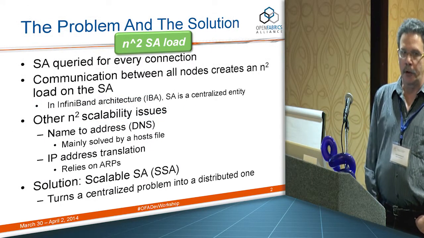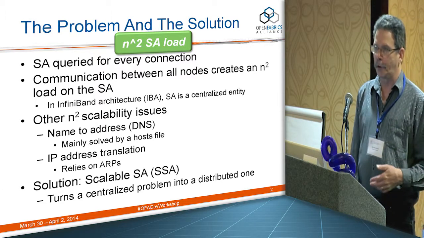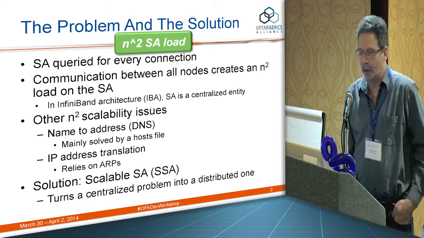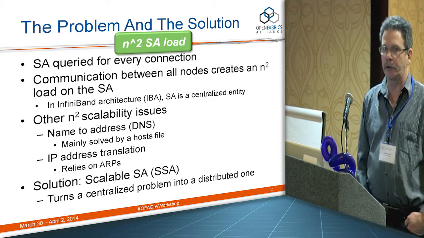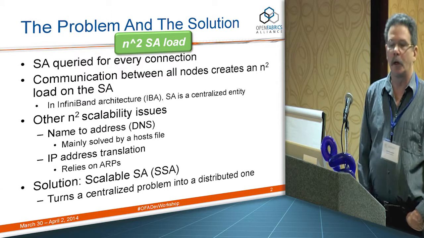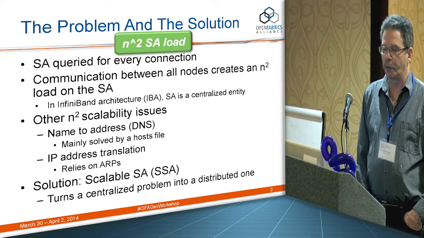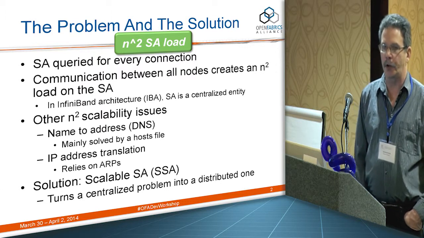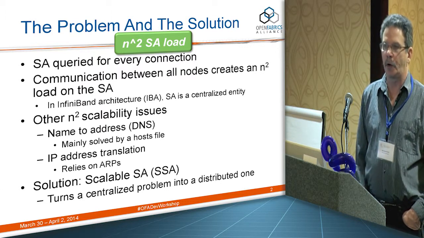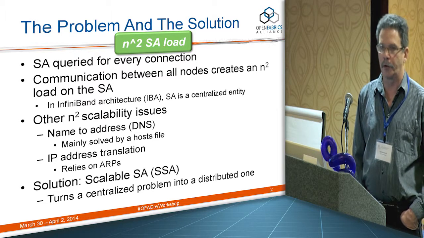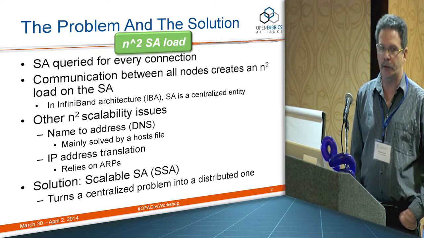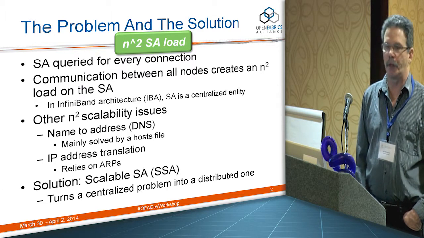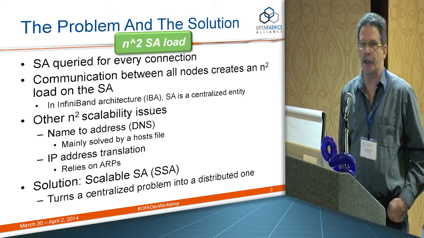So we're going to start with going over what the generic problem is. You've heard this from Bob from NASA. This is only one of the hot buttons that he mentioned. A number of things in terms of SA, but it all comes down to n-squared loads on the SA, where all nodes want to talk to all nodes, and there are a number of n-squared problems, and SA was defined and implemented as a centralized entity.